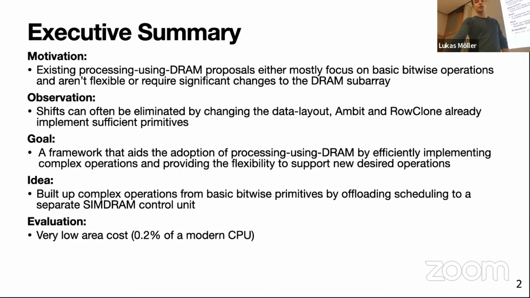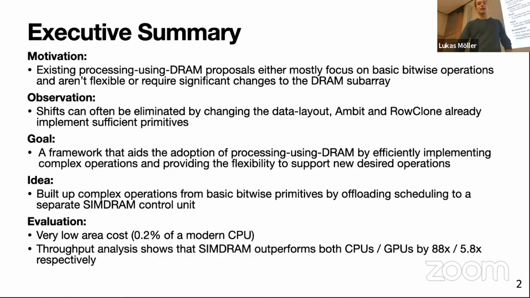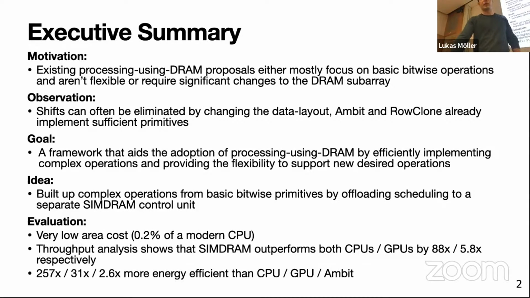The evaluation will show that at a very low area cost of only around 0.2% of a modern CPU, SIMDRAM can effectively achieve higher throughput, sometimes by multiple magnitudes, compared to modern CPUs and GPUs. It also is multiple magnitudes more energy efficient than a modern CPU, modern GPU, and AMBIT as a prior work.